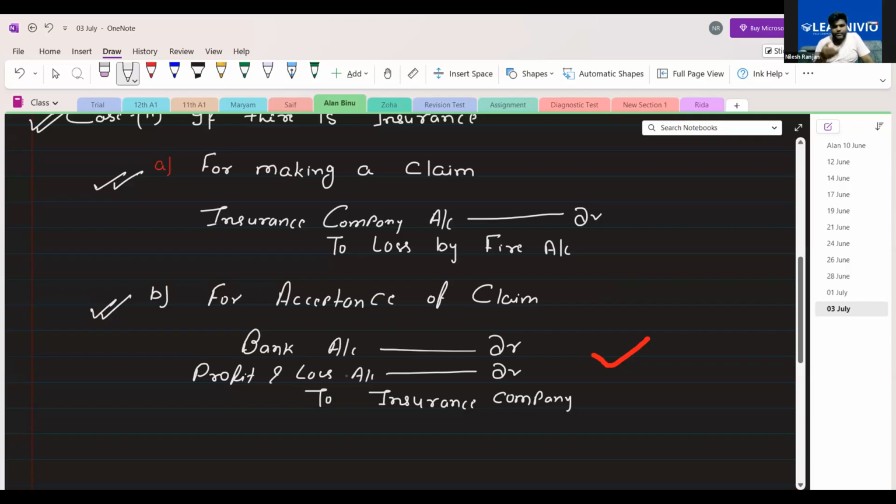In every class, we write this and tell the students that if the insurance company has accepted the full claim, then you don't have to write profit and loss account. This is simple common sense. So that's what it is about. If you think that it is confusing for you, then I can change it. Sir, it's fine. I'll write it. I understood.